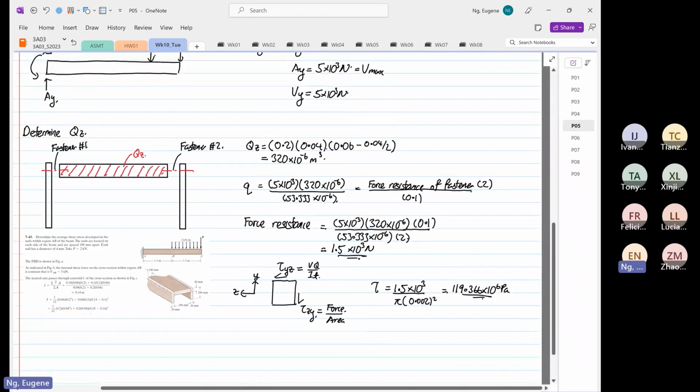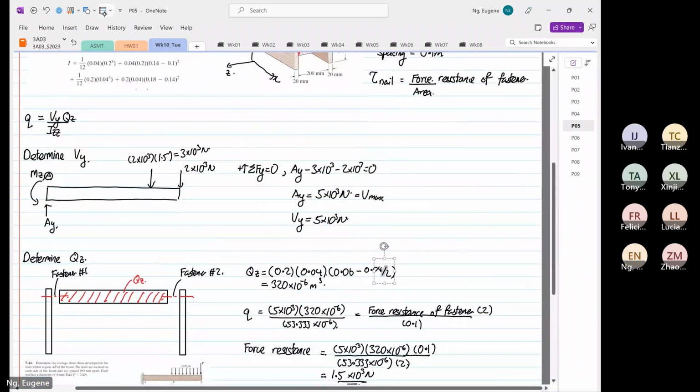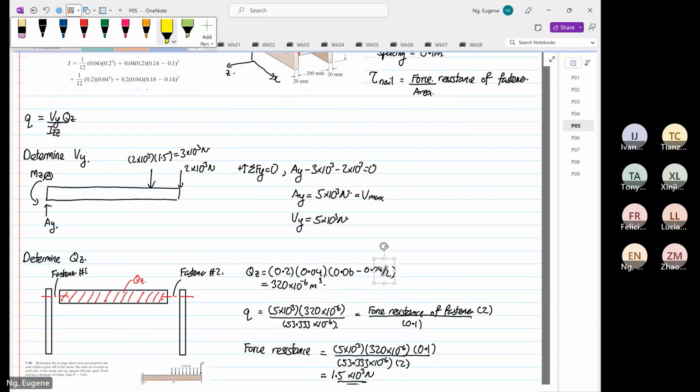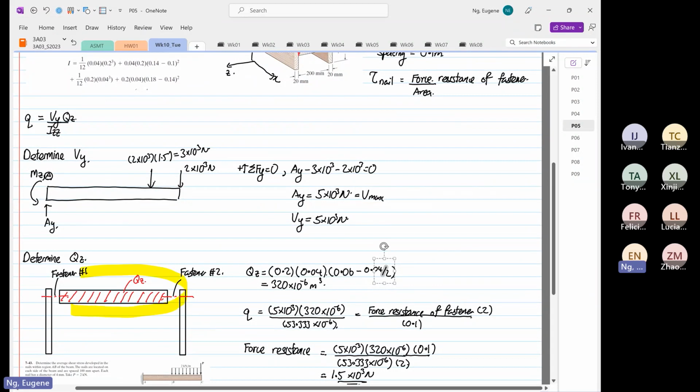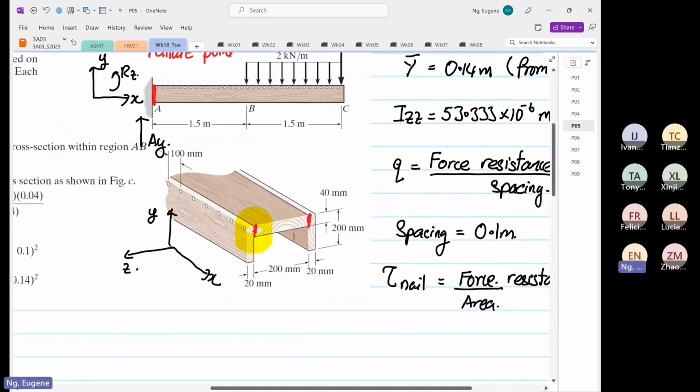But the most important thing over here, I think, is how to determine the first moment of area. It's always very confusing. As I said, you have to know where failure will occur first. Once you know where failure will occur, things will be so much more straightforward. Let's look at another example.